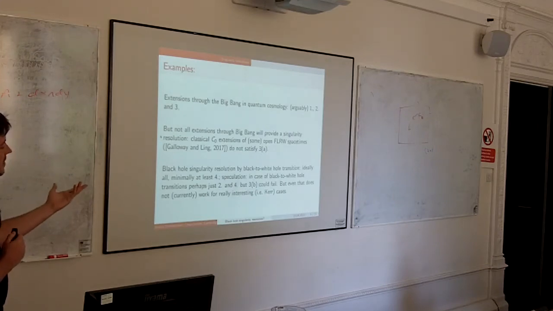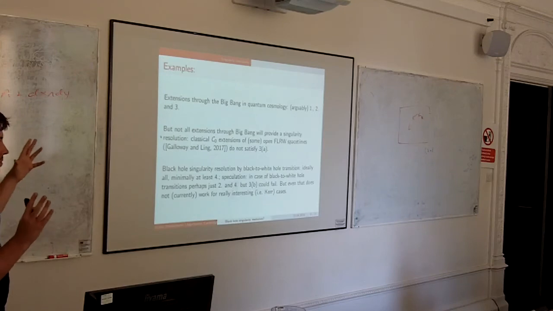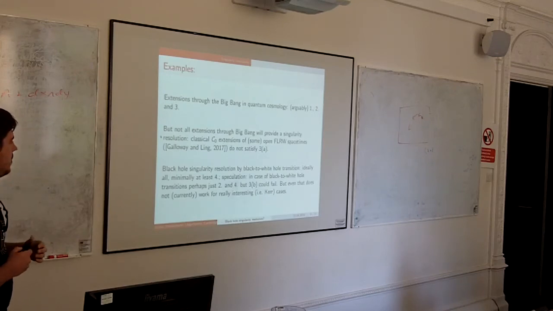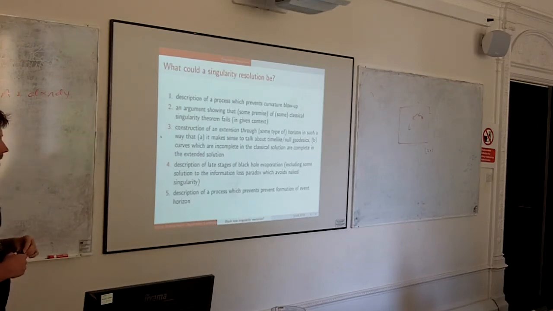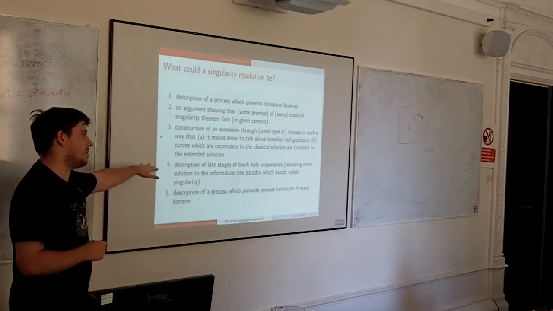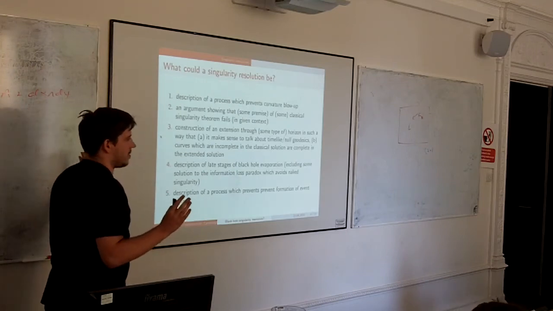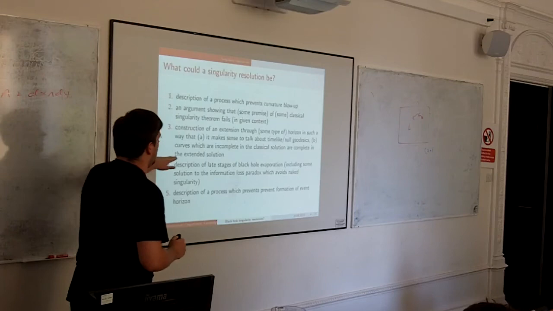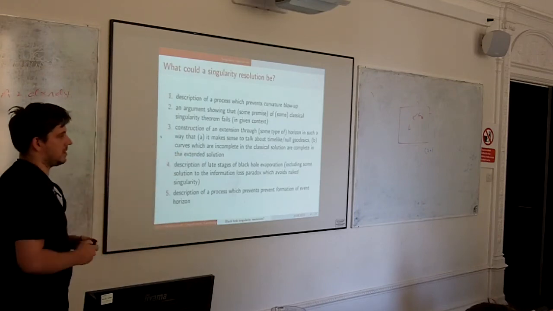I think that's a speculative part, but I think a case could potentially be made that with this particular type of approach to black hole singularity resolution, we're just left with 2 and 4. So some of the premises of classical singularity theorems will fail, in particular energy conditions will fail, and we will have some answer to the information loss paradox. But I think it's an open, interesting question whether the relevant curves will be complete in the extended solution.